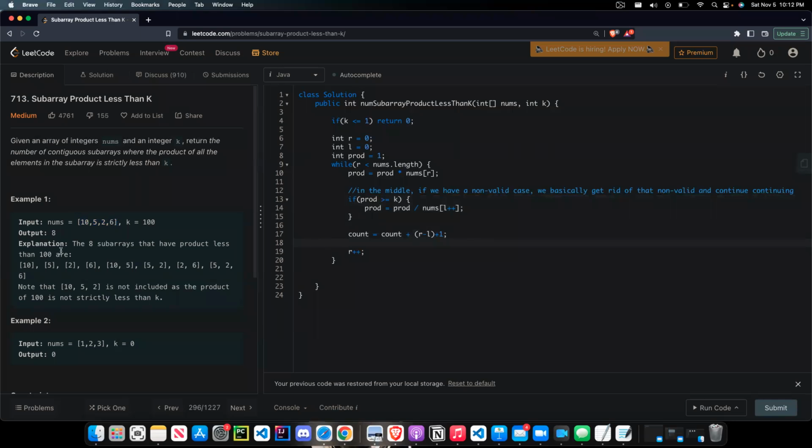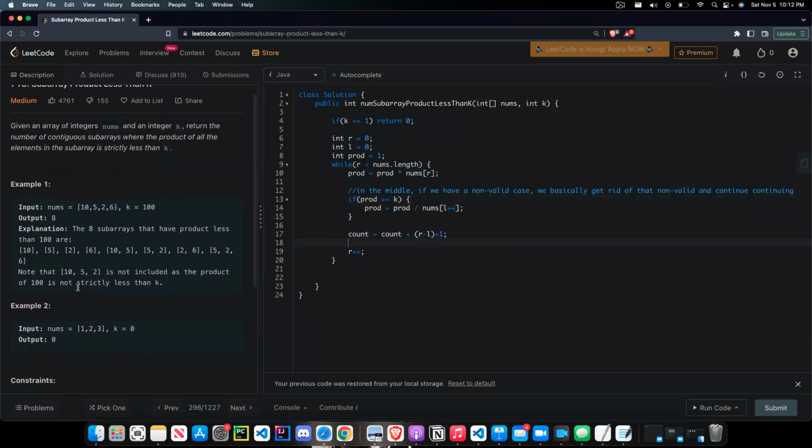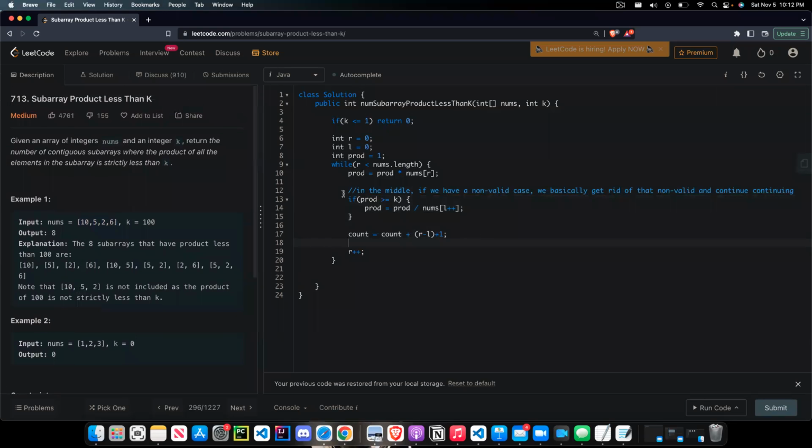Now, another interesting point here is this is not a fixed sliding window problem, right? I mean, let's take this example here. And let's say, okay, well, k is equal to 100, wasn't it? So k is equal to 100, 10 times 5 is 50, times 2 is 100.